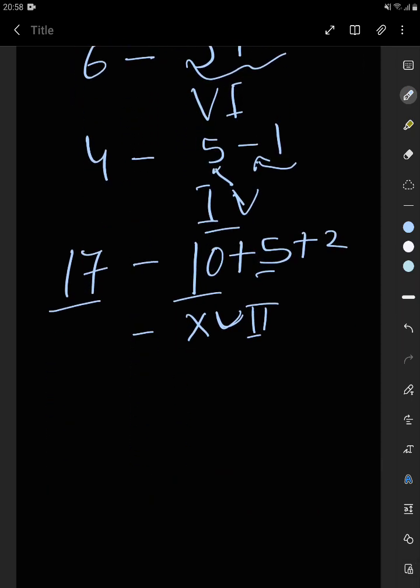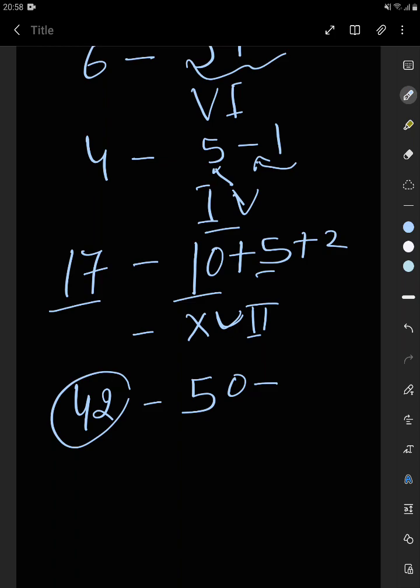Okay, so for example, we have 42. 42 is near to 50, so we'll write 50 minus how much? We can write minus 8, but 8 can further be written as 10 minus 2.